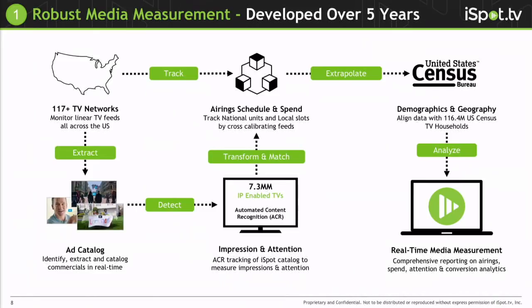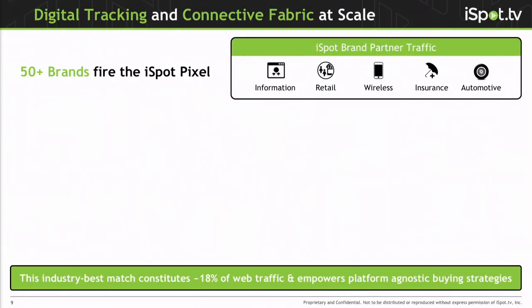That's when the work starts. 80% of the work goes into this transform and match. You've got to clean the data, transform it, attribute it, and understand: is this a national buy, a local buy, an OTT buy? Very complex.